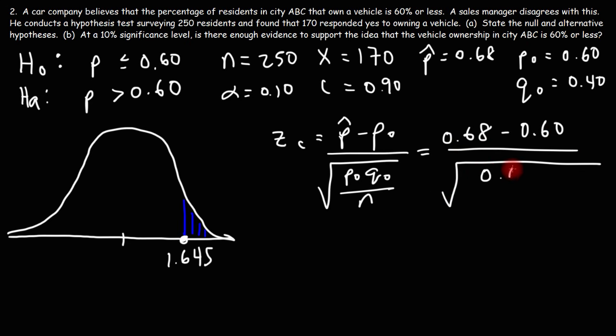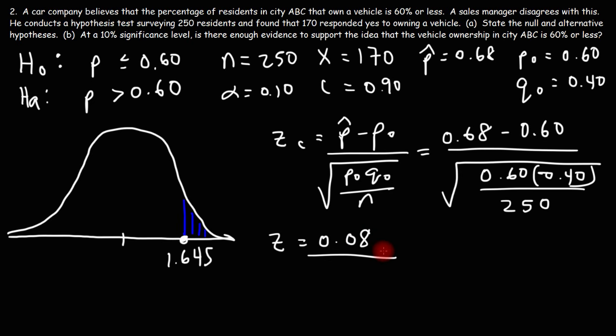And then P naught is 0.60, Q naught is 0.40, and the sample size is 250. So 0.68 minus 0.60, that's 0.08. 0.60 times 0.40 divided by 250, that's 9.6 times 10 to the minus 4, or 0.00096. If you take the square root of that answer, you should get 0.03094.